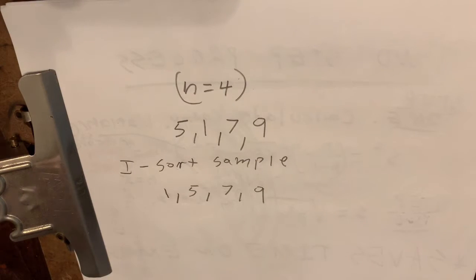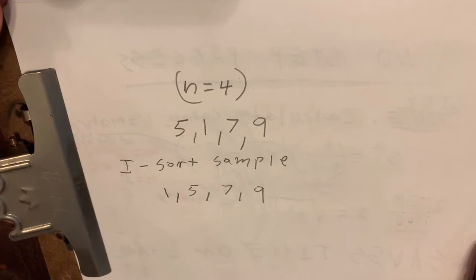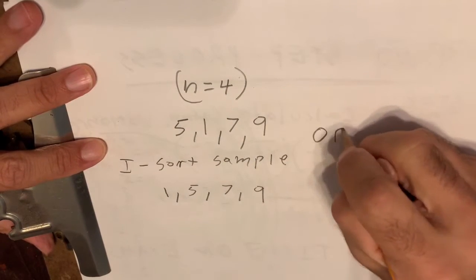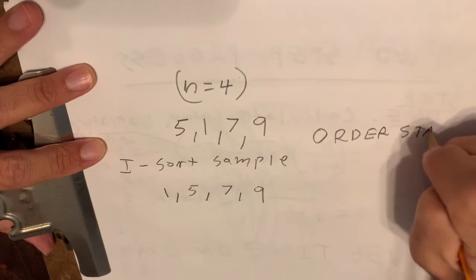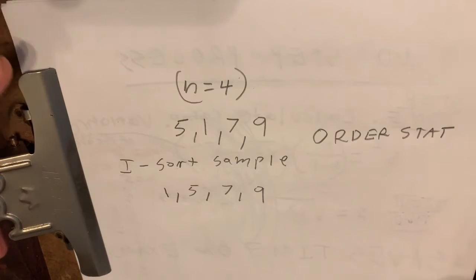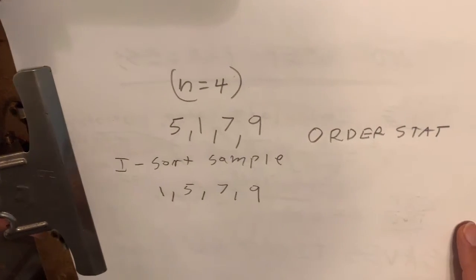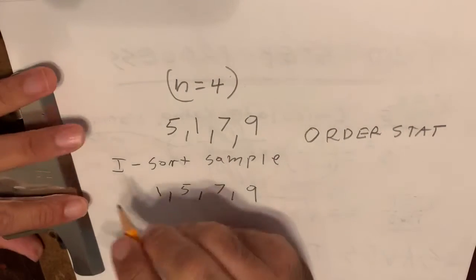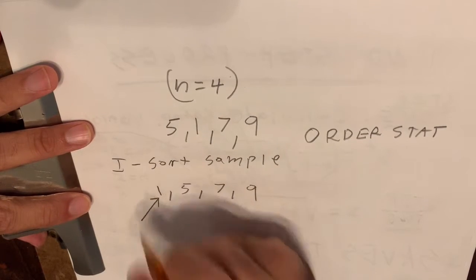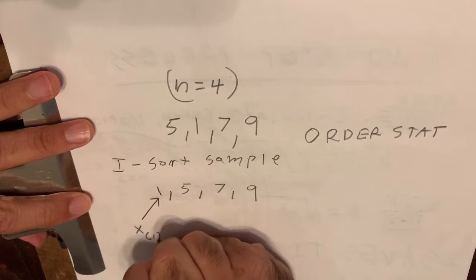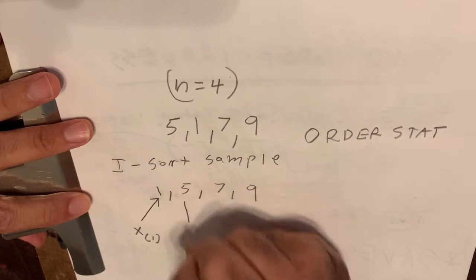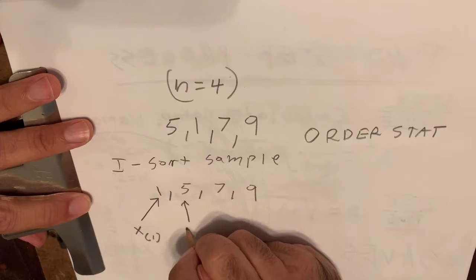Okay, so now I have to introduce you to a concept called the order statistic. And the notation for the order statistic, this would be x sub parenthesis 1. This would be x sub parenthesis 2.